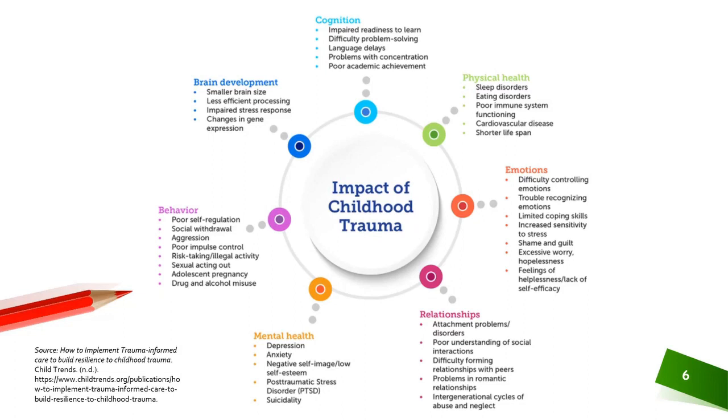When we shift to relationships, the impact of childhood trauma is felt from the start of birth all through the lifespan. It's very common for our children who have childhood trauma to experience attachment problems, difficulty connecting with other people, being unable to show or accept displays of love or affection easily.